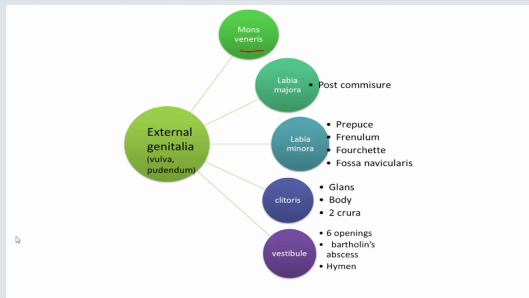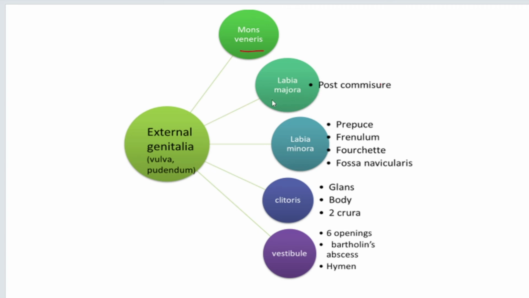Before going to talk about the blood supply and nerve supply of the vulva, I will just summarize the points which we discussed till now. The external genitalia parts, if you see, are mons veneris or mons pubis, labia majora, labia minora, clitoris and vestibule. Once we talk about labia majora, please remember the posterior commissure.